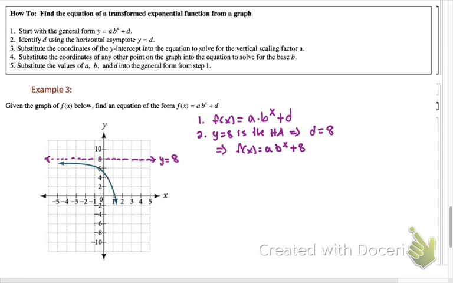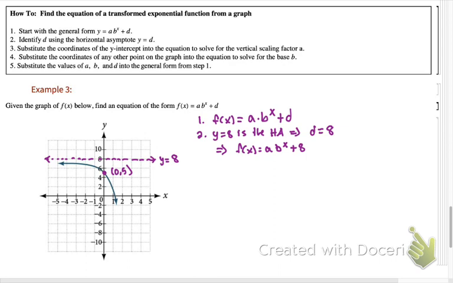Okay, now number 3 says substitute the coordinates of the y-intercept into the equation and solve for the vertical scaling factor a. Then step 4 says substitute the coordinates of any other point on the graph into the equation to solve for the base b. So we only need 2 points on this graph. Our y-intercept has coordinates of about 0 and 5.